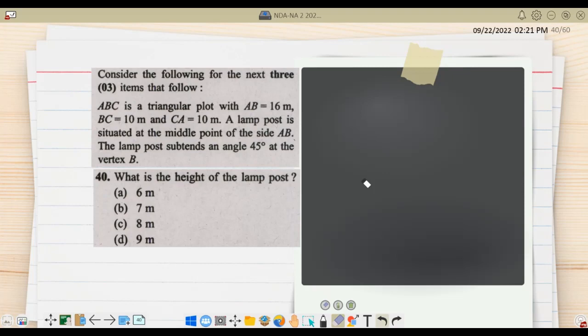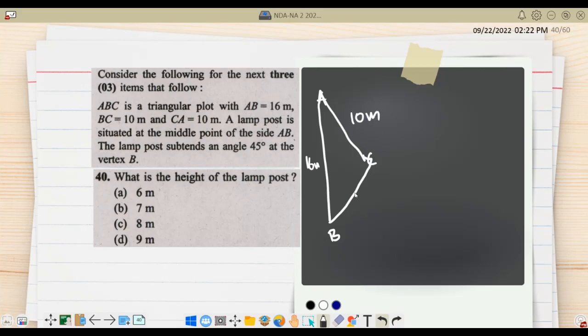It's a triangular plot. AB equal to 16 meters, BC equal to 10 meters, CA equal to 10 meters. So this is going to be AB, and we have point C, and then this is going to be 10 meters.